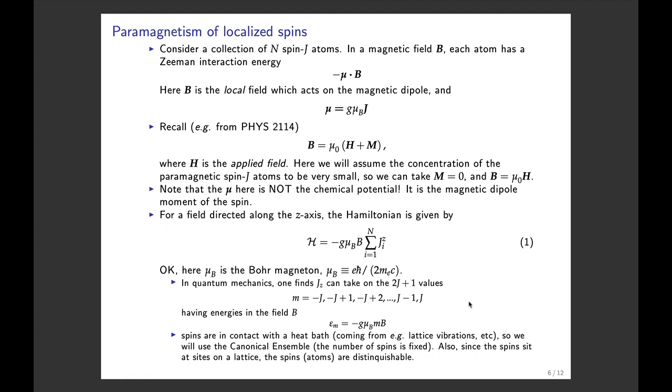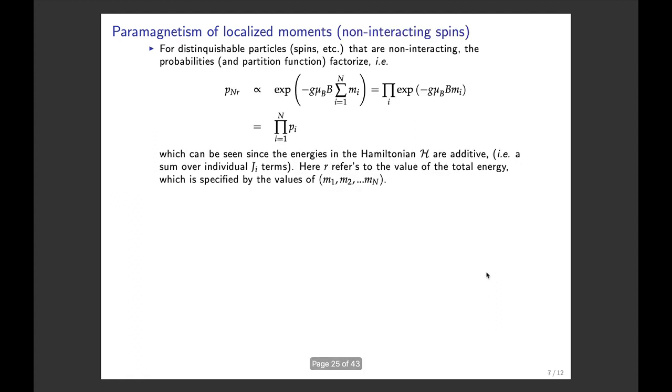So we have everything we really need. We just have to do the sums and find the partition function and so forth. So let's do that. And once again, as I said at the beginning of this lecture, for distinguishable particles, for example spins on a lattice that are non-interacting, the probabilities and partition function factorize, just as we showed.